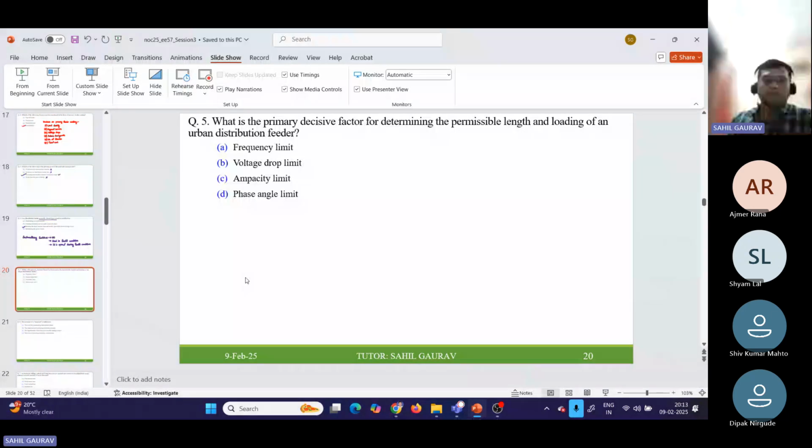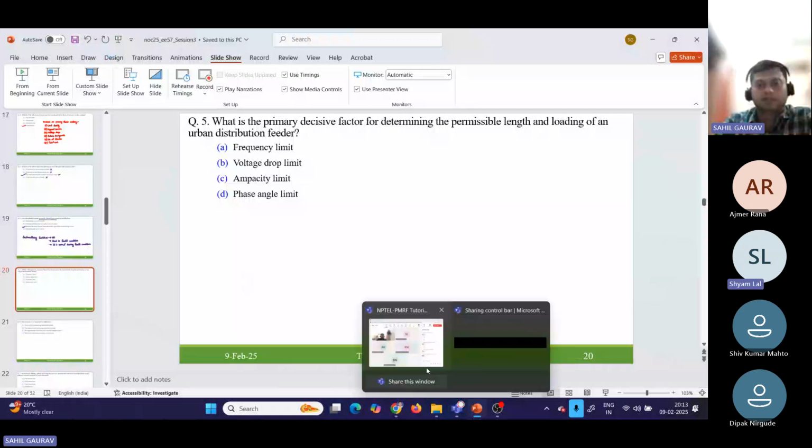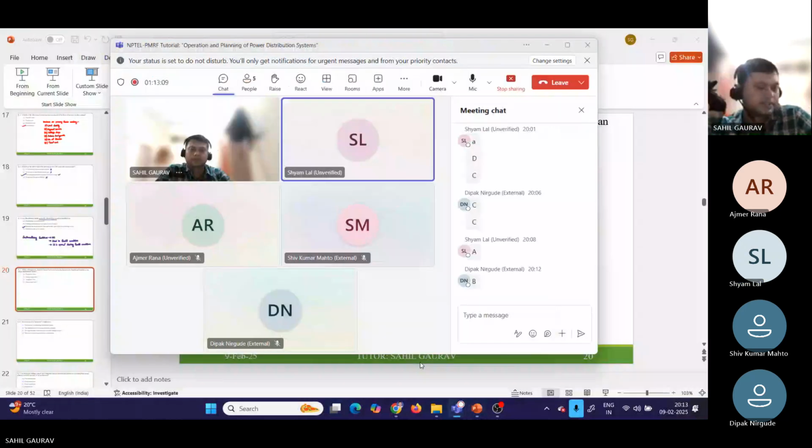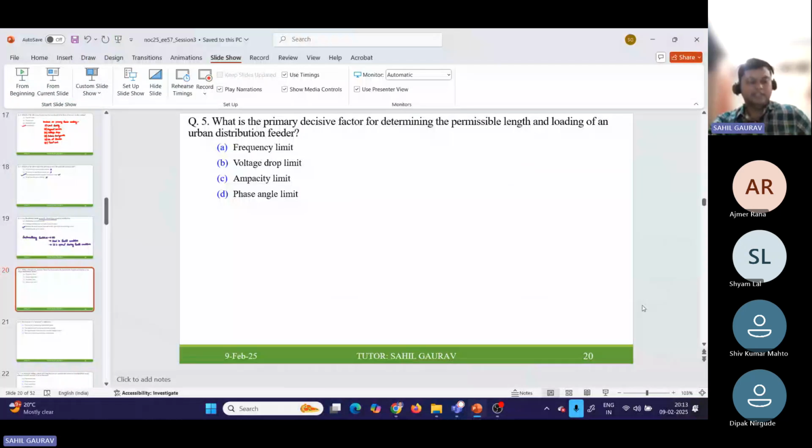Still it is showing only two options. Hello. Now it is visible, all four options. So now you can tell your answer.